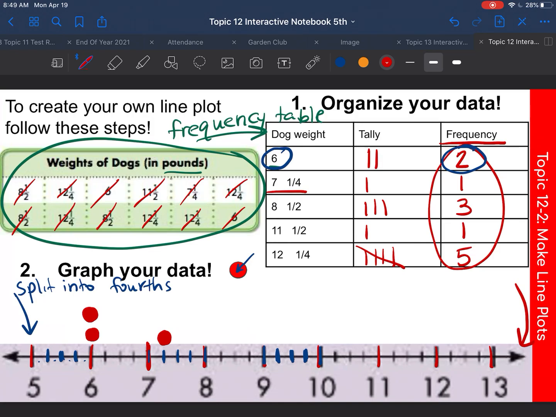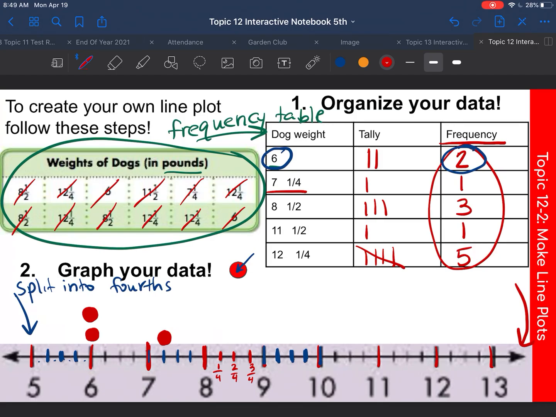8 1/2. Okay, we have 8. We have 8 1/4, 8 2/4, 8 3/4. So we have 1/4, 2/4, 3/4. Which fraction is equivalent to half? 1/4, 2/4, or 3/4? 2/4.